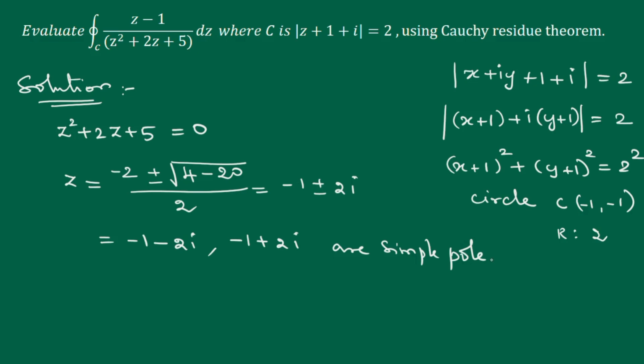If we write it in factorization form, it will be of power 1, so we are calling it a simple pole.